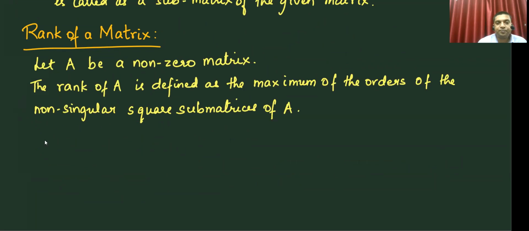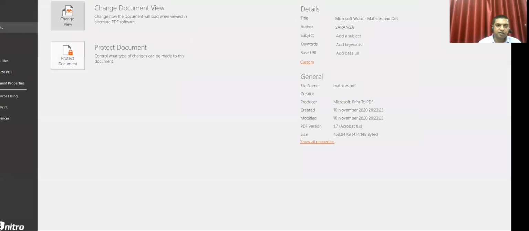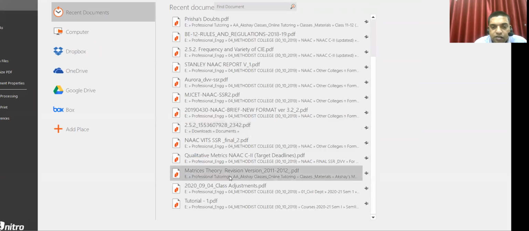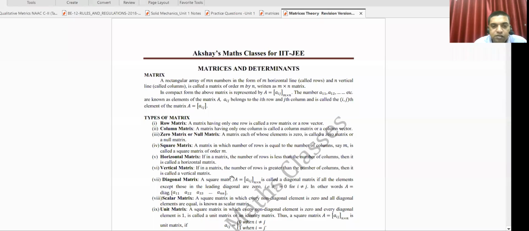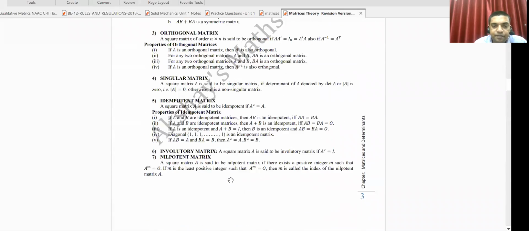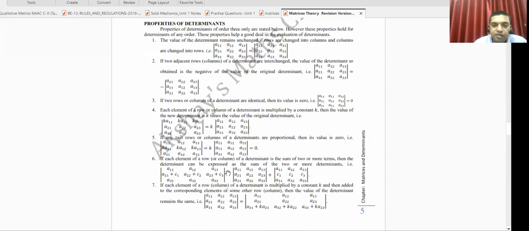We will take an example of it. There's another definition of rank, which is defined in another way. Matrix is a big chapter actually.